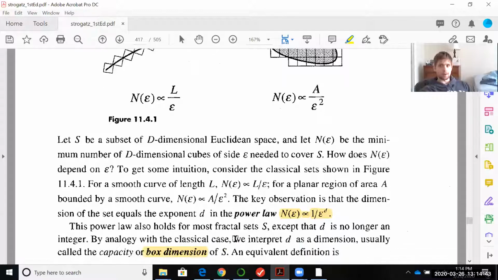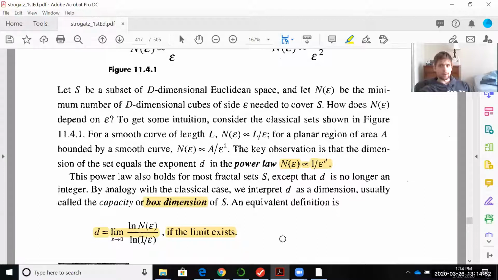For general fractal objects, N(epsilon) scales as 1 over epsilon to the d-th power. That gives us the so-called box dimension. Box dimension is the limit of the number of boxes needed to cover the object when the box size is epsilon, so D is defined as log N(epsilon) over log 1 over epsilon.